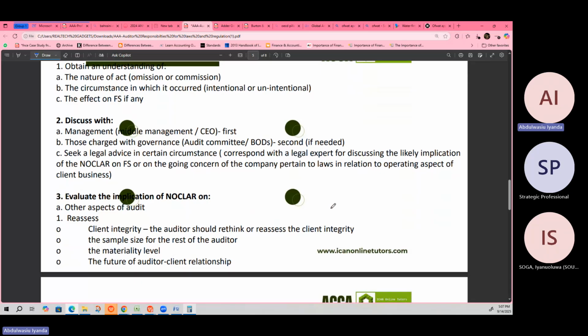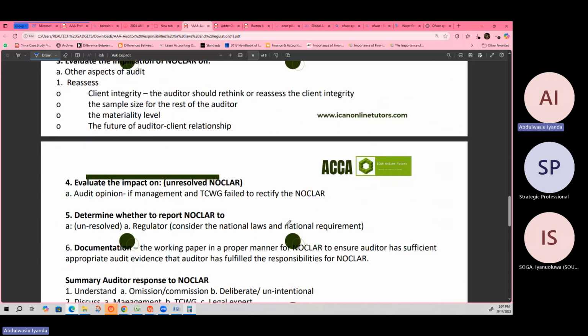It doesn't mean that the management team are not of integrity, but you still need to reassess them. If I'm using this particular case, I would not even go to number 3, because it doesn't have any effect, but you can still do it as well, reassess them. The next one is you evaluate the impact on the audit work, on the audit report.